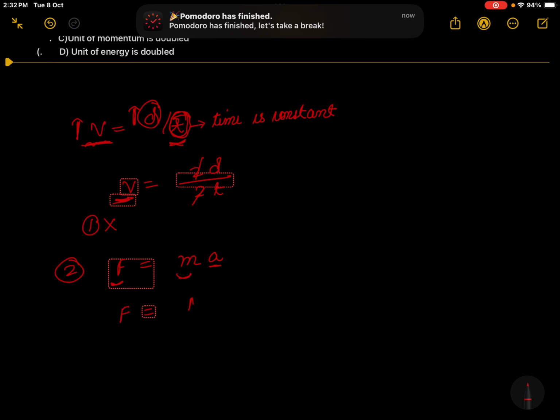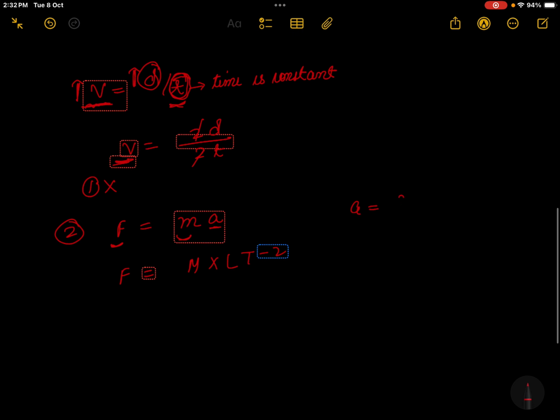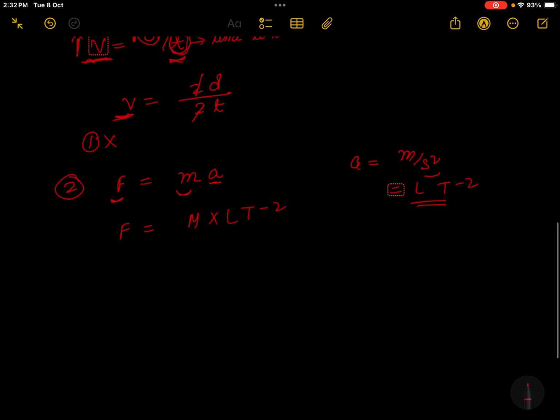So this is the mass, and acceleration can be written as L t^-2, because acceleration is meter per second square. Meter can be written as L, and time is t^-2.